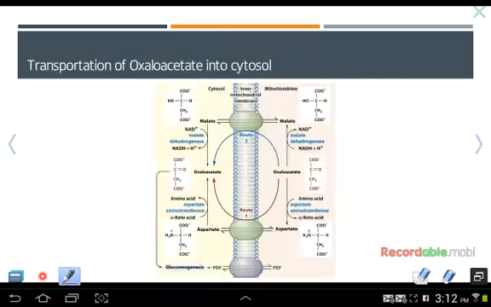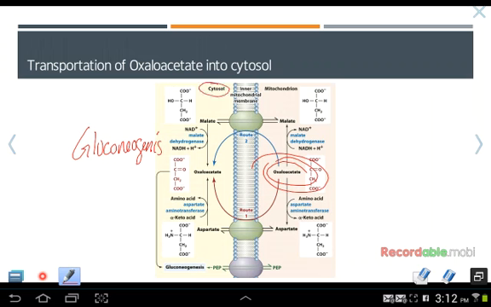Now, what's interesting is oxaloacetate is only formed in the mitochondria. So the mitochondria is where oxaloacetate is formed. However, the rest of gluconeogenesis must occur in the cytosol. All right, so we're in the cytosol, here we're on the mitochondria.